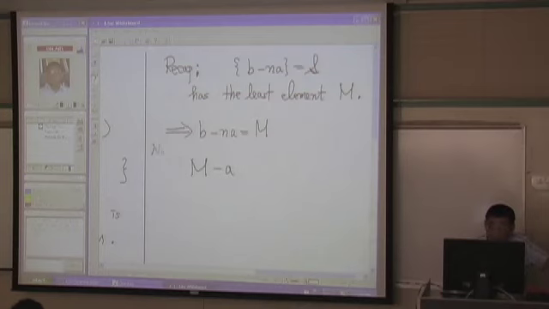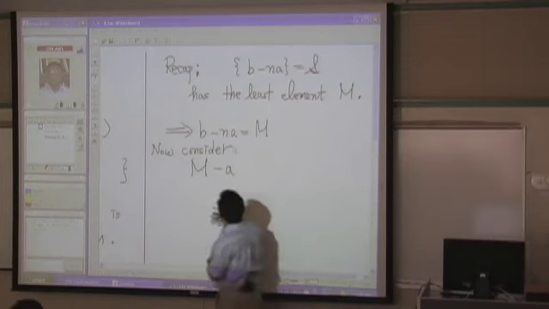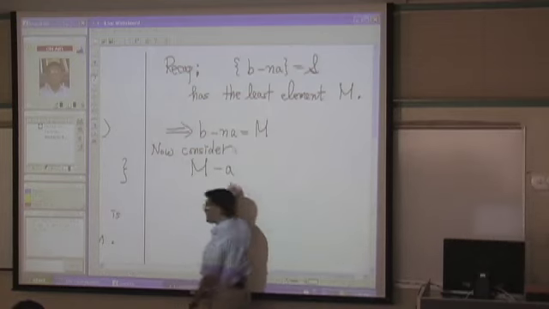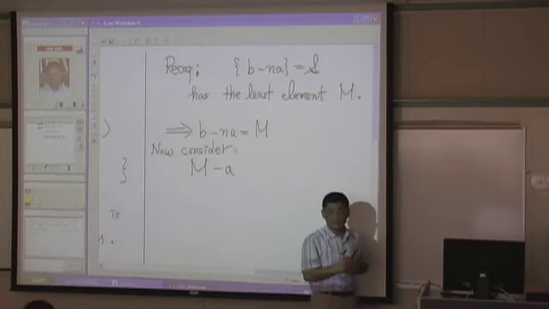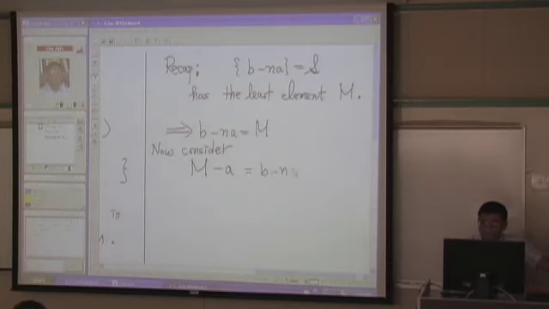Now consider this number, m that we found minus a. Then m minus a equals b minus na minus a, and then b minus n plus 1a.